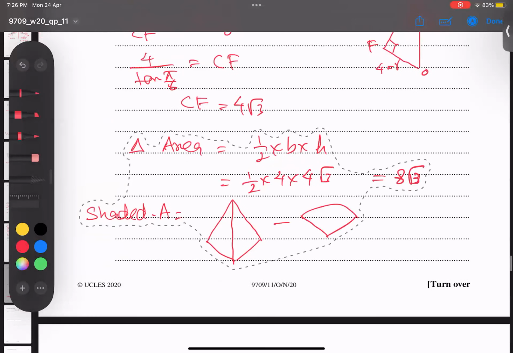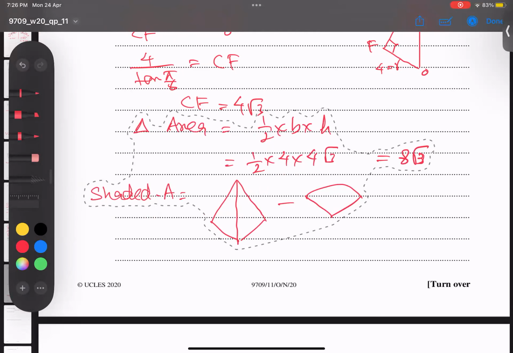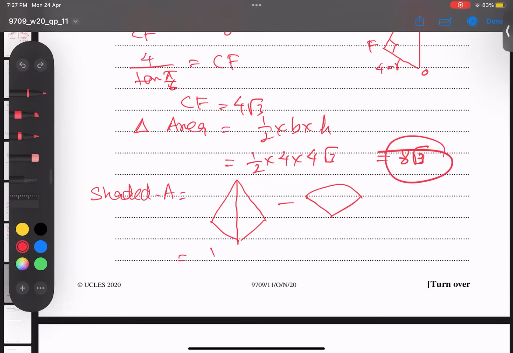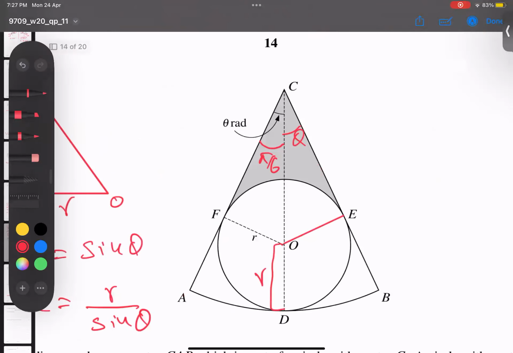I just drag it slightly up. Now how to get this triangle area? So kite area is 2 triangle areas. It means 2 times 8 root 3, which is 16 root 3. So this is done. How to get the sector area now? Last part left and then I'll give it over. It is very interesting.